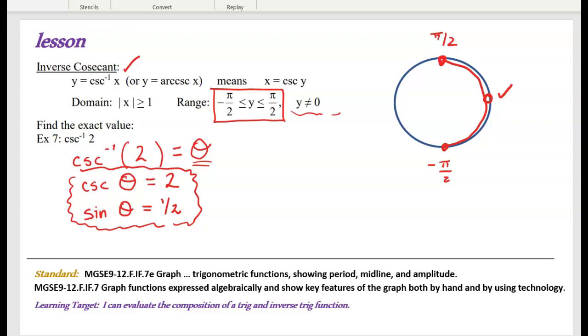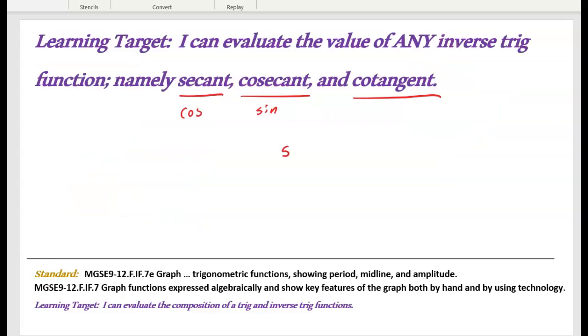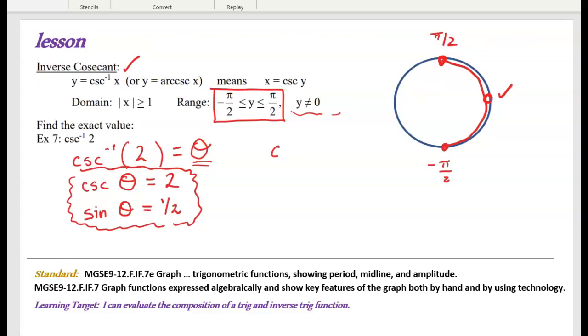But here's the process. So if I want to actually find cosecant inverse of 2, then I have to find sine inverse of 1/2. Okay, so every cosecant problem, just like before, becomes a sine problem. Cosecant inverse of a number becomes sine inverse of its reciprocal.